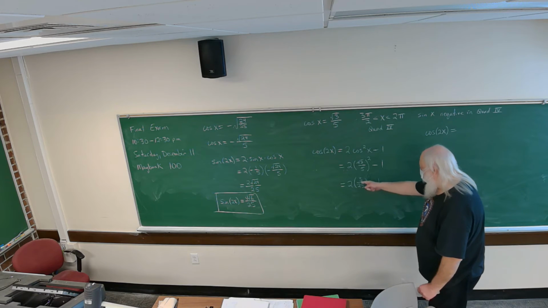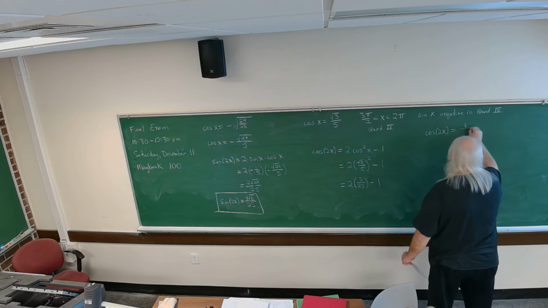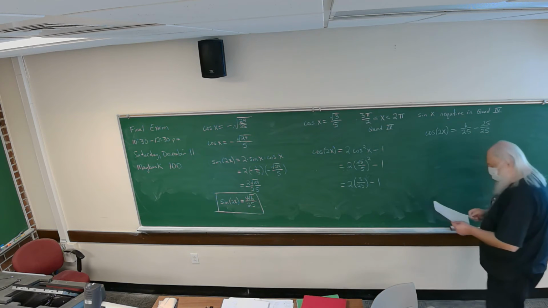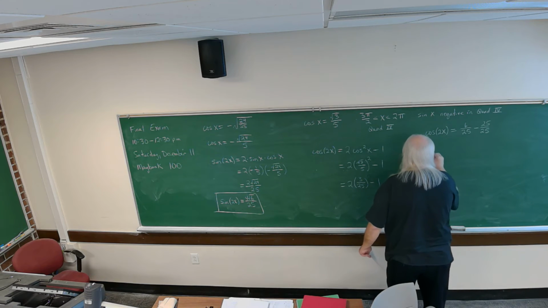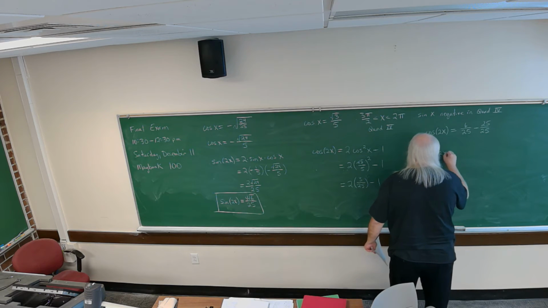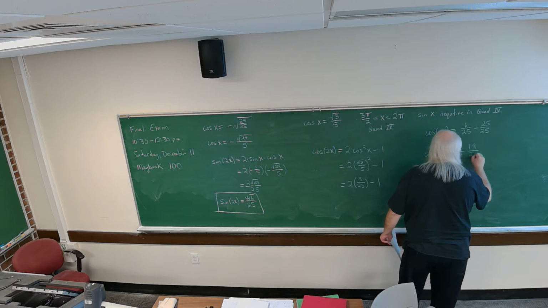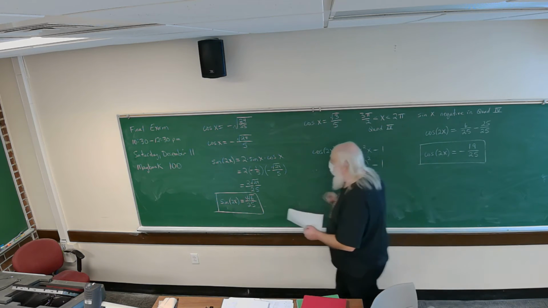And so 2 times 3/25 is 6/25. And then 1 can be written as 25 over 25. And then cosine of 2x is equal to minus 19/25. So that's the easy part.